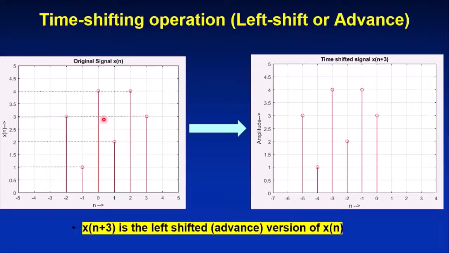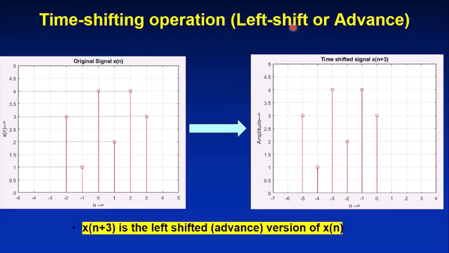But you can see here that none of the amplitudes are modified. We are not performing any operation on the y-axis variable, that is amplitude. The operation is performed only on the x-axis, that is the time variable or independent variable.